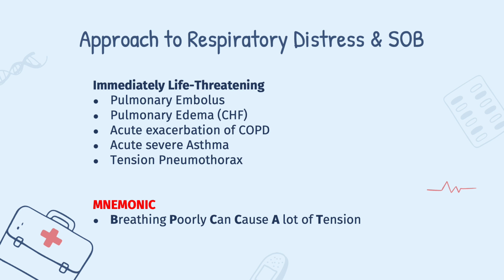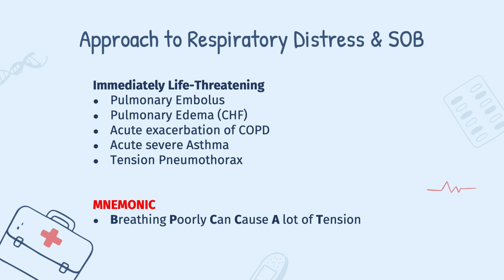So there is a very, very long list of causes of respiratory distress and shortness of breath. So we really need to have an approach in order to organize all of the information that we gather from our history as well as our physical exam.